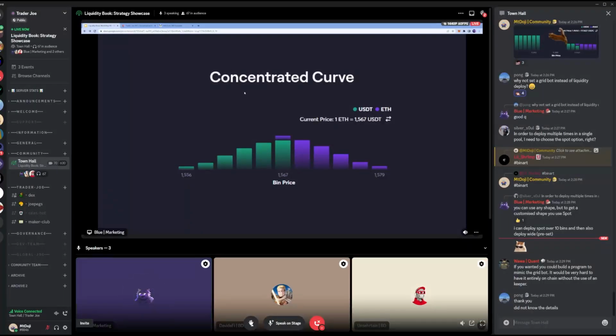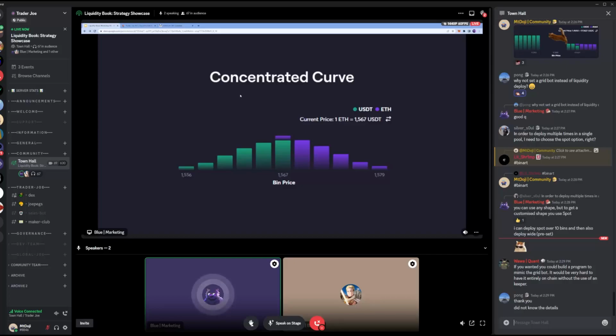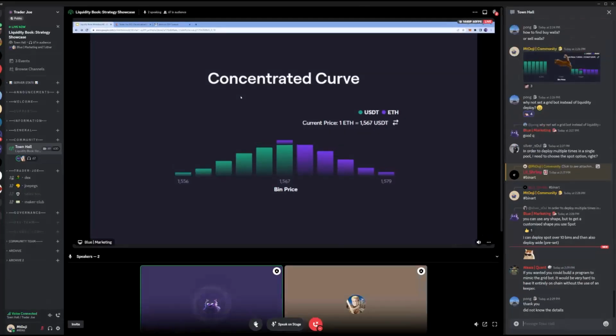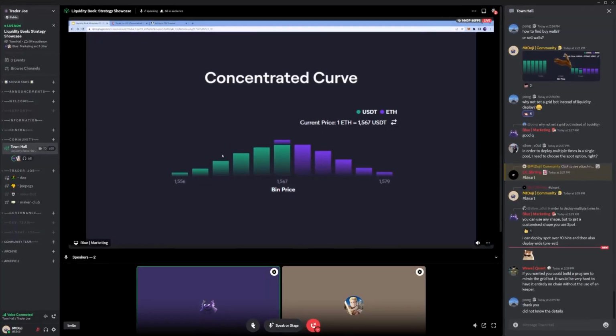Okay, so the next shape, concentrated curve. This is one of the predefined or preset liquidity shapes on the UI. It's just called curve, but I titled it concentrated curve here because this shape, you can simply click it, enter the amount of tokens that you want and press deploy. It deploys over 11 bins, the central bin, and then you have 5 bins either side.